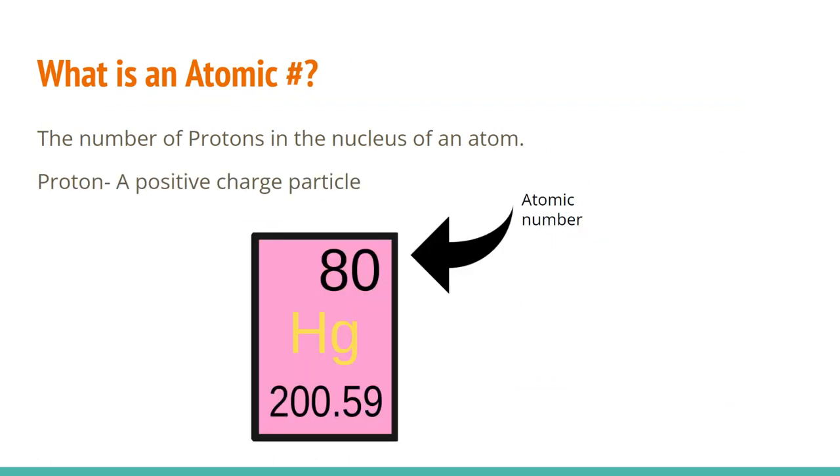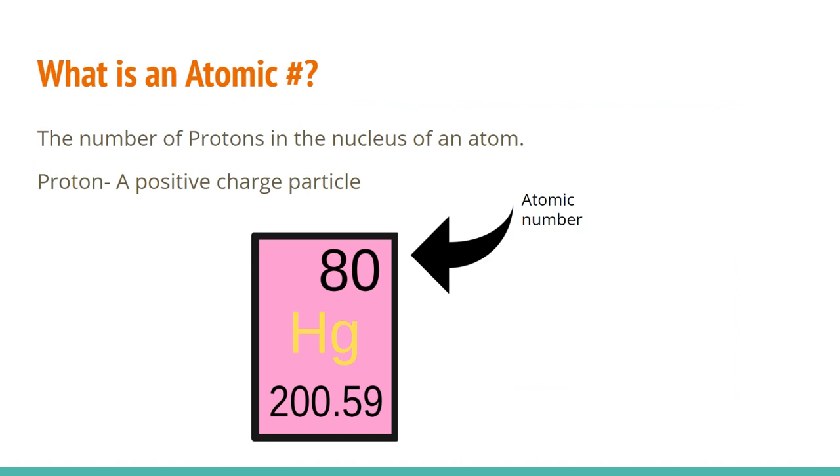And then in the boxes you see a number above the atomic symbol. You're like, oh, well, why is there a number there? And why do I care that the number's there? That is called the atomic number. If you look at tin, whose atomic symbol is Sn, and you look at the number above it, it's 50. This basically means the number of protons in the nucleus of an atom.